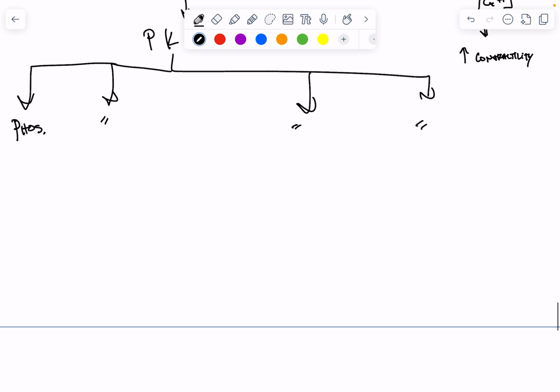We can have phosphorylation of L-type calcium channels, phosphorylation of ryanodine receptors, phosphorylation of phospholamban, which is new to this unit, and phosphorylation of troponin.